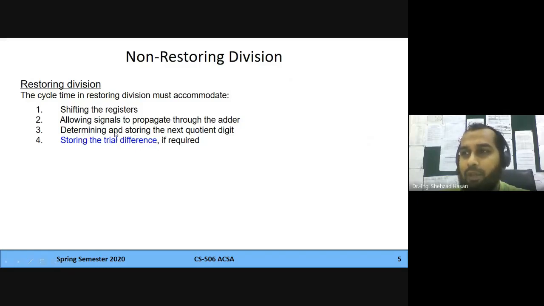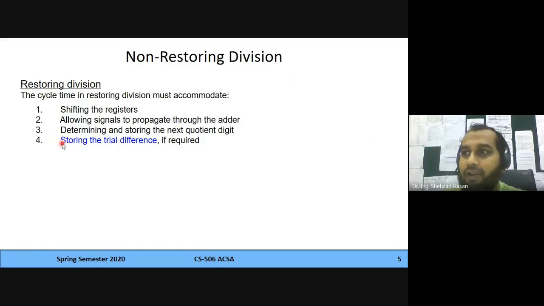Now looking at all these steps, you can say that it's not a problem to do these in a sequential way. Shift the registers and add those two numbers, and then in steps 3 and 4, there is something that you have to do and sometimes you don't have to do. Step 3 is something that you are always going to do: you are always going to determine the sign, is it positive or negative.